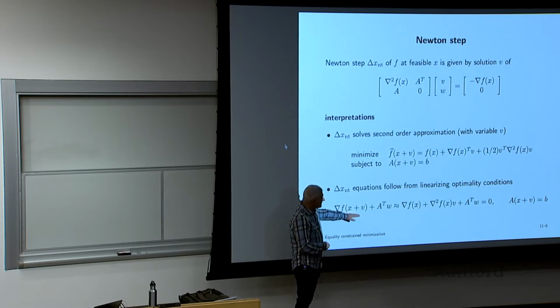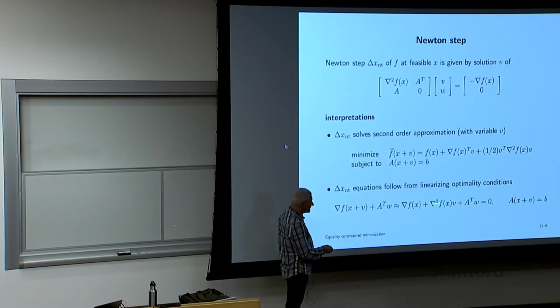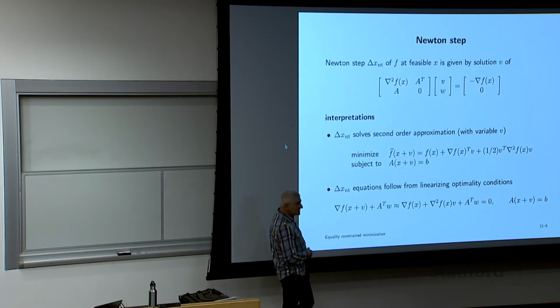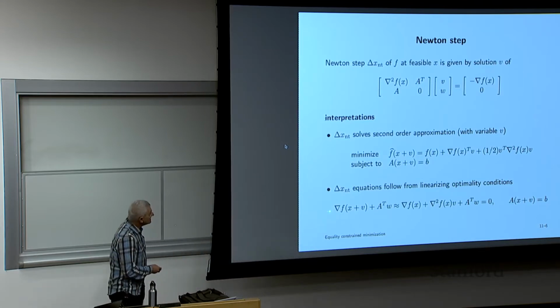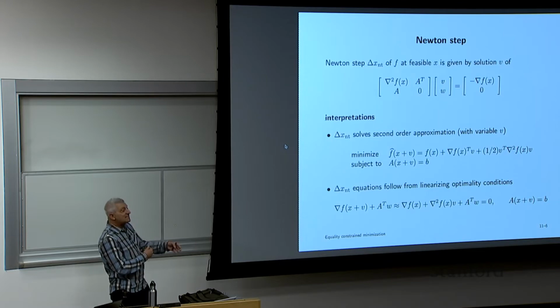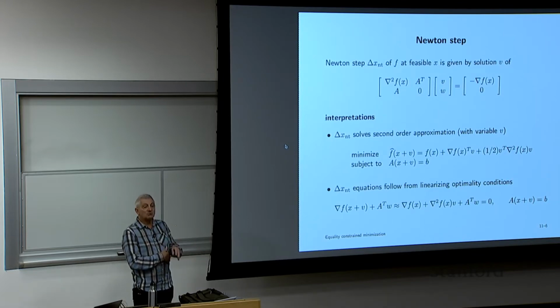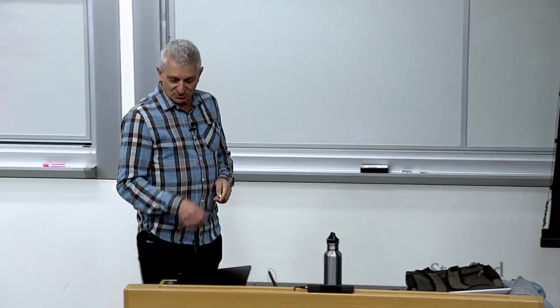So we'll approximate this by its first order expansion of the gradient, which is of course related to the second order expansion of the function, and we get something like this, right? So you can say that the Newton step is something like this. It's a delta x and a w, for which if you were to take that step and if your original function was quadratic, that would actually just be the optimal solution, right? That would just be the solution. Everybody got this? So this is the Newton step.